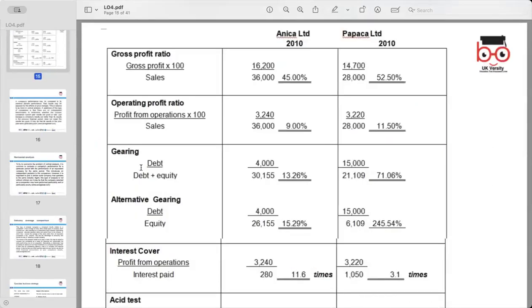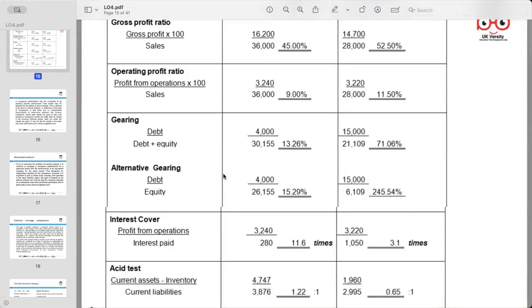So, despite Pepca's stronger profitability, Anika's healthier financial position and lower risk profile make it the more prudent investment choice. Anika's ability to manage debt levels, meet interest payments, and maintain liquidity outweighs Pepca's higher profitability. It is advisable for investors like Louis to consider investing in Anika for a more balanced risk-return profile.